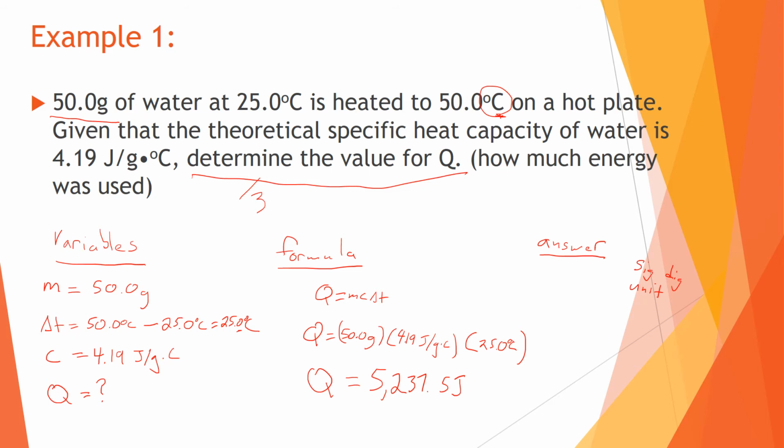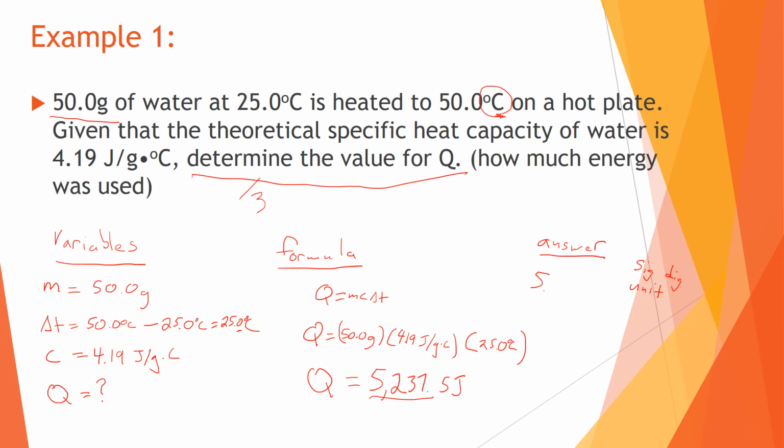Now I can't use that as an answer. Well, I could, but I would lose marks. What do I need to do to this? I need to figure out the correct sig digs. My mass here has 3 significant digits, my temperature change has 3 significant digits, and my specific heat capacity has 3 significant digits. So I would have to convert this into 3 significant digits. The easiest way to do that is to put it into scientific notation.